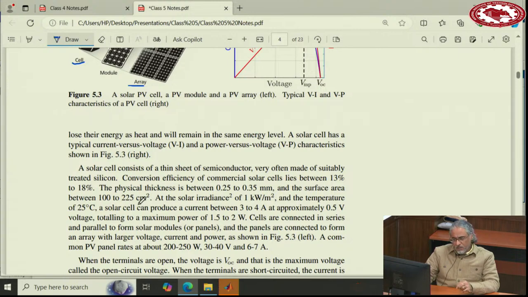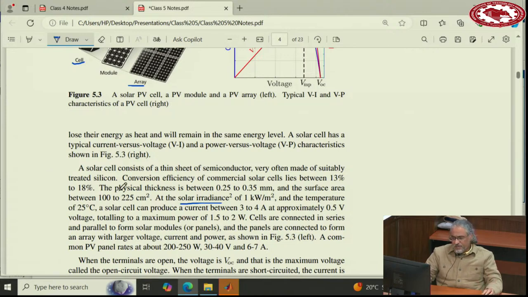Depending on how much solar ray is radiating on this unit, it generates electricity. The strength of that solar radiance is quantified by what we call solar irradiance or insolation, or just simply irradiance.